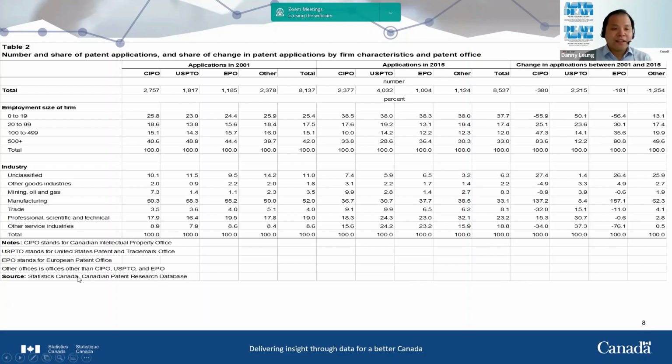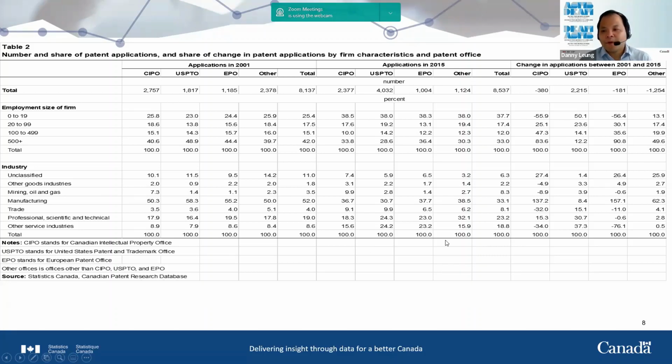Yeah, and the same thing if you look at the industry rows. At the beginning of the period in 2001, a lot of the patenting was concentrated in manufacturing, specifically in the USPTO, you see it's 58.3%.